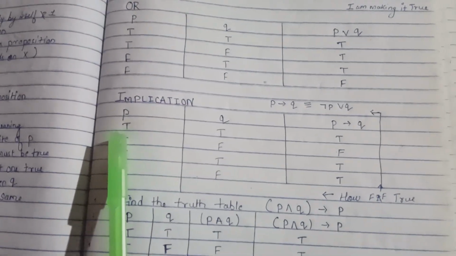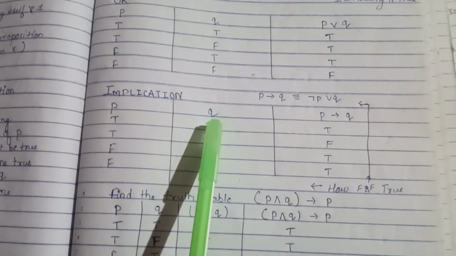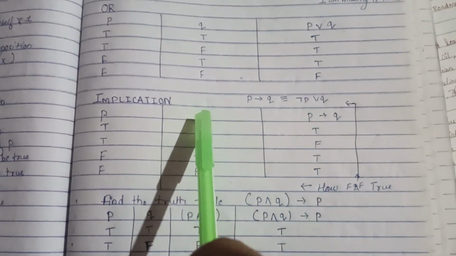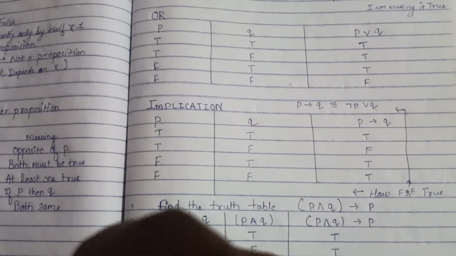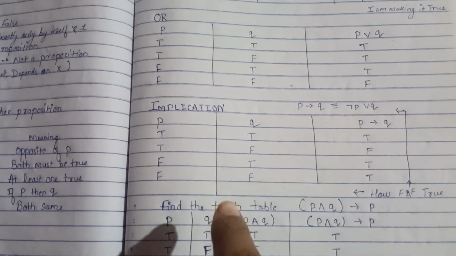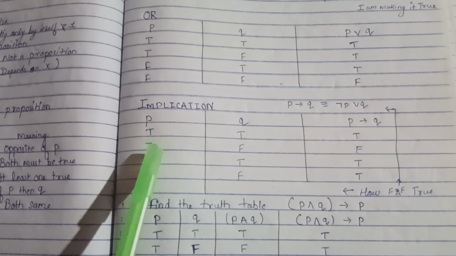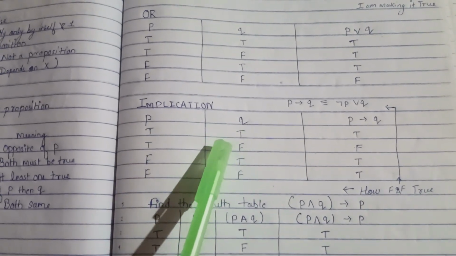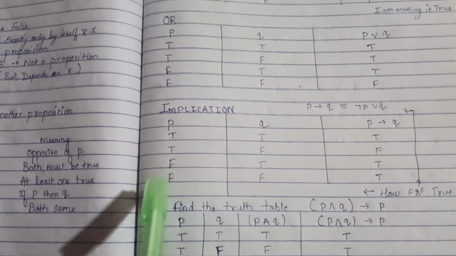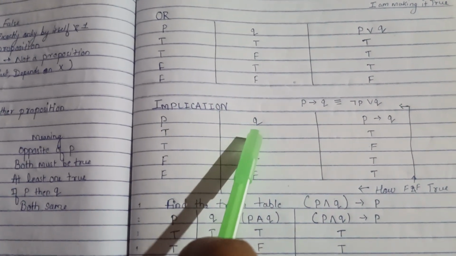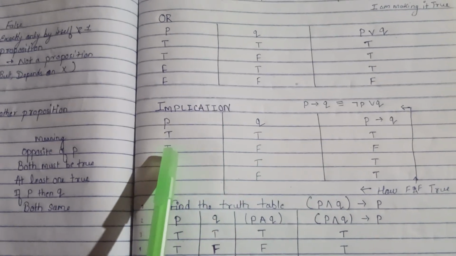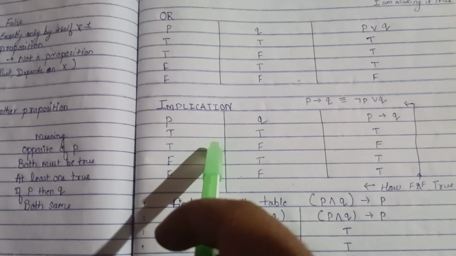Okay, so in implication, true and true goes true. Why? In implication, P must be true, and Q, it's just like a condition and a promise.